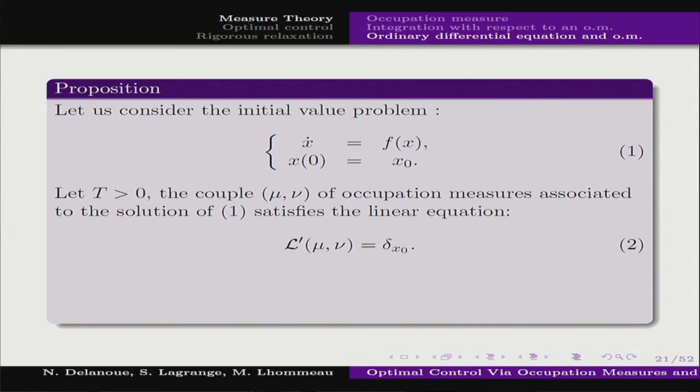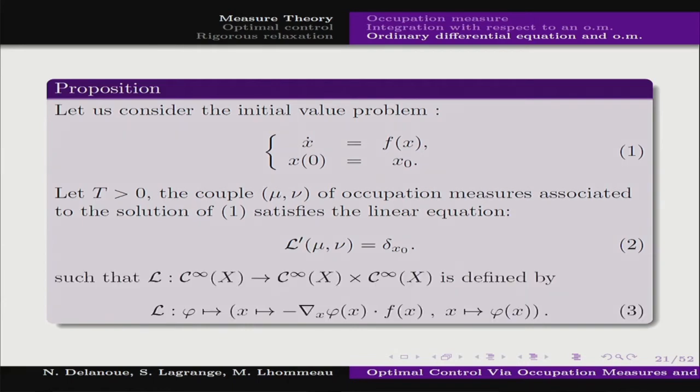Here you have to see something like this: A x equals B, where B is going to be a Dirac at the initial position, and A is what I've called L, because this is Liouville who has created this approach, and x is given by the vector of two measures, which is how long I stay in a set, and a measure with respect to the finite time. This equation is a linear equation with an infinite number of rows and an infinite number of columns.